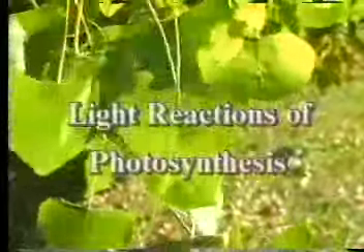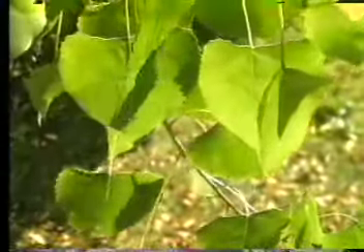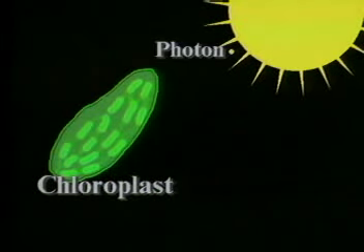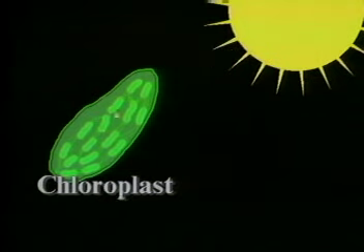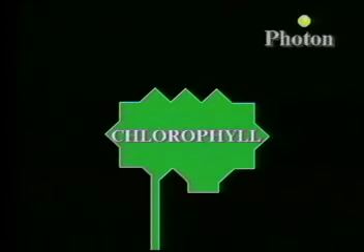On Earth, green plants present their leaves toward the sun to receive this energy. The first part of photosynthesis, called the light reactions of photosynthesis, begins inside a single cell of a leaf. A tiny packet of the sun's light energy, called a photon, passes into the grana of the chloroplast, where it collides with a chlorophyll molecule. An electron in the chlorophyll molecule absorbs the photon's energy.